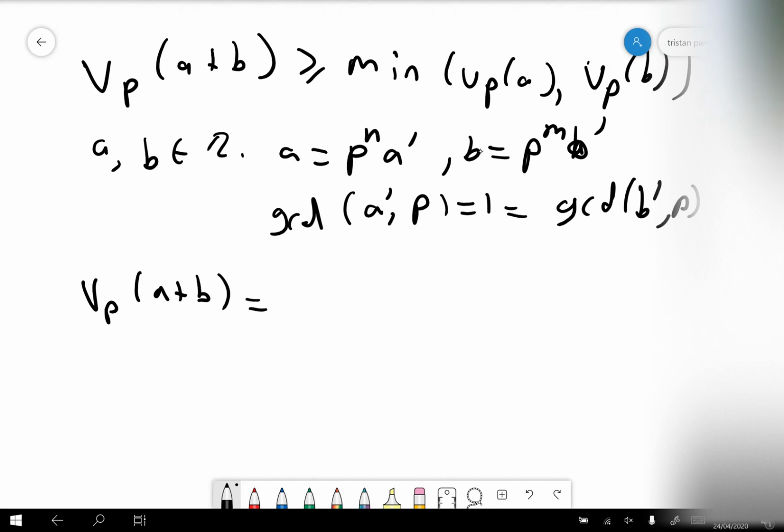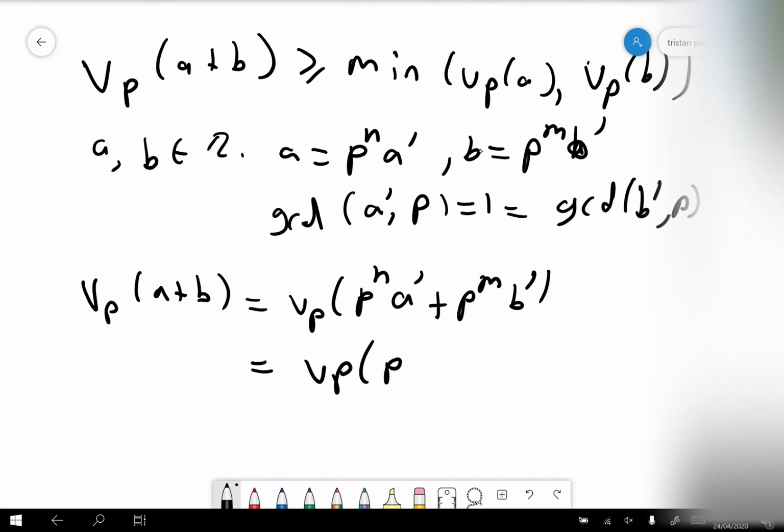So the valuation of a plus b is the valuation of the sum of these two things. And that's equal to the valuation of, without loss of generality, we can say that m is less than or equal to n. If it's not, then we just swap a and b around.